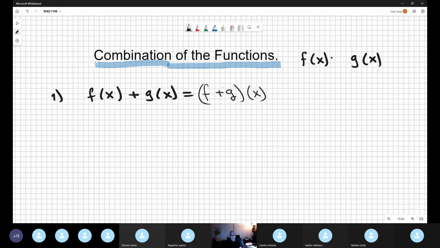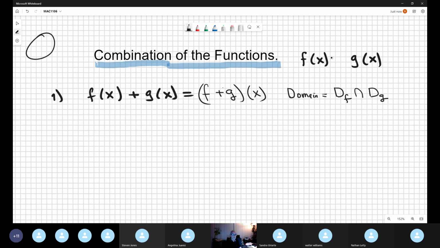Important, that the domain of this new function, the combination, is domain of f intersection domain of g. So it's the connection, no?